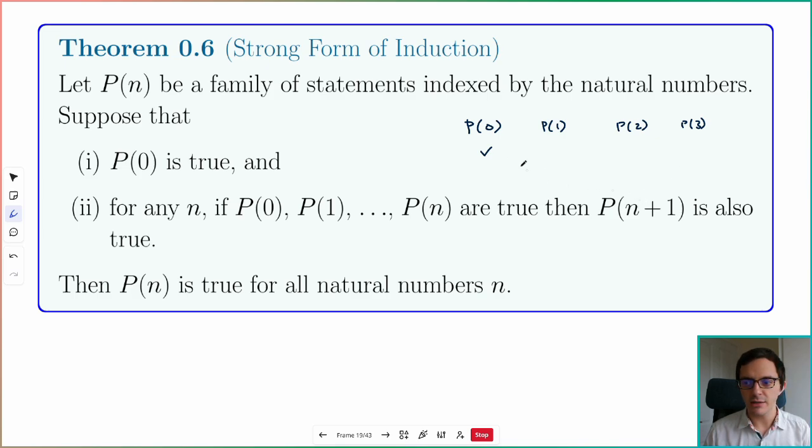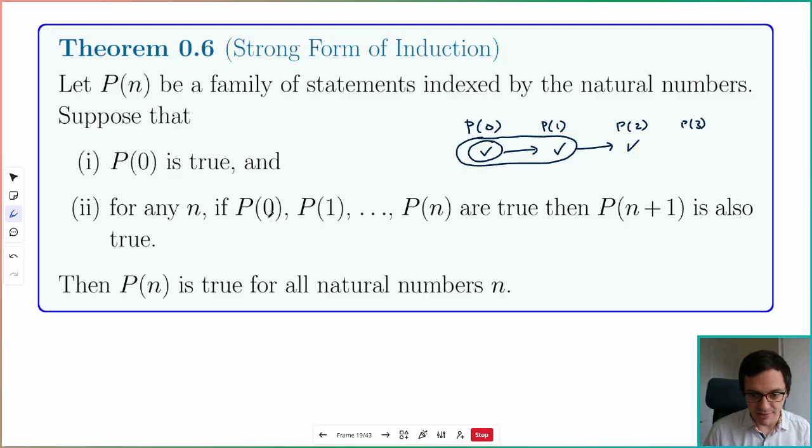So if you like, we look back at all the previous statements and use that to decide that the next one is true. If it's true that P0 and P1 both being true together imply that P2 is true, then that's an example of this inductive step here.